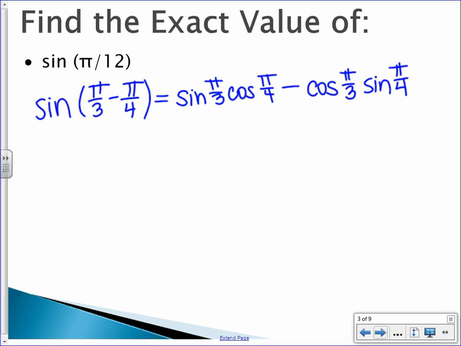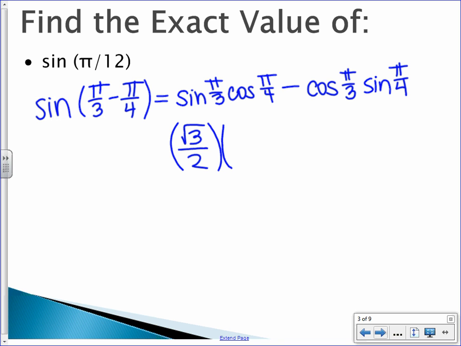Okay, this formula will keep your angles in order. Pi over 3, pi over 4, pi over 3, pi over 4. Okay, so now we've applied the formula. All we have to do now is simplify. What is the sine of pi over 3? Square root of 3 over 2.